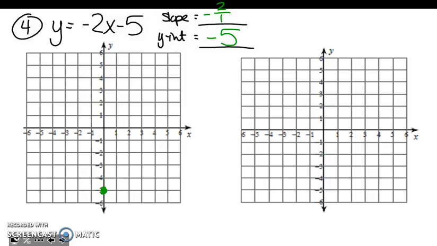And then my slope is negative 2 over 1. I can't go down, so I have to move up 2. And since going up 2 is positive, my 1 has to be a negative. So I have to go to the left 1. And I'm going to repeat that as many times as possible, getting as many points on my graph.